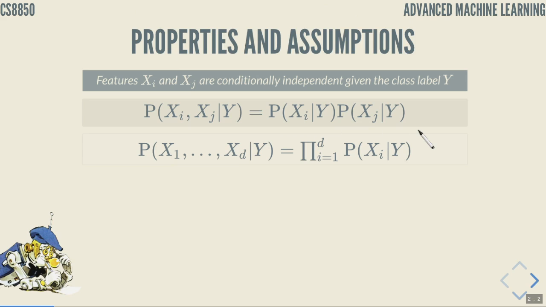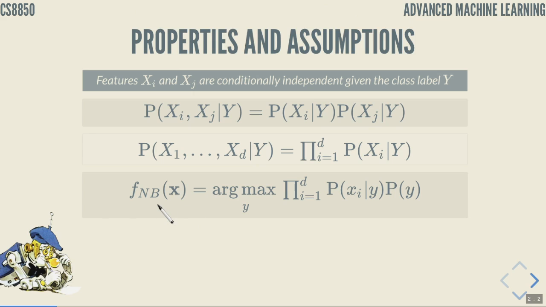The same class. In slightly more general terms, what we mean is that for all of the features, the joint distribution of all of the features given the class, or class conditional joint distribution, factors into a product of class conditional feature distributions per individual feature, the ith feature.